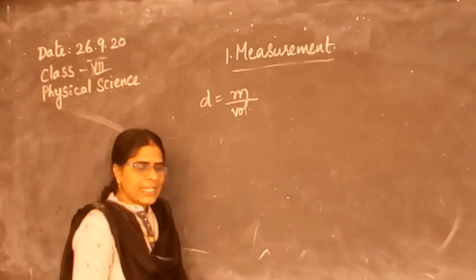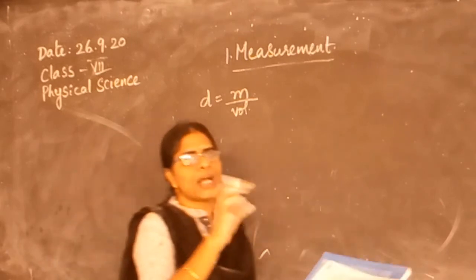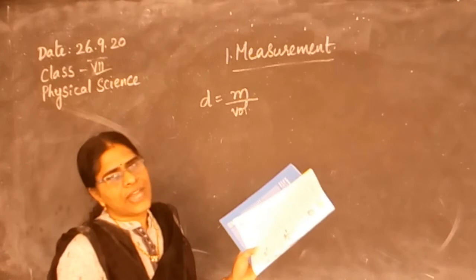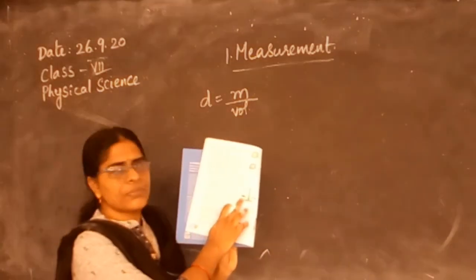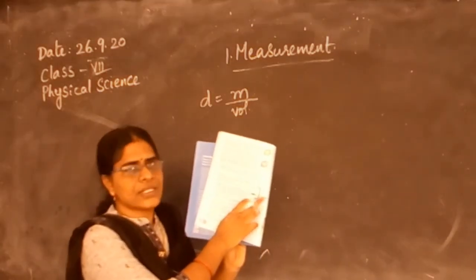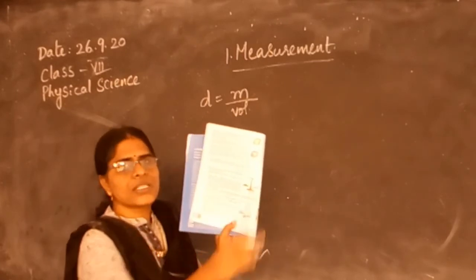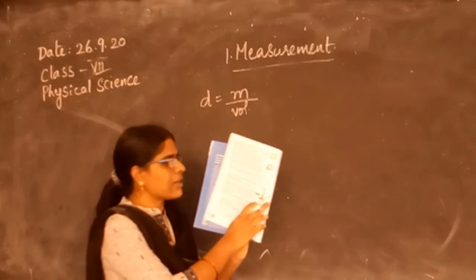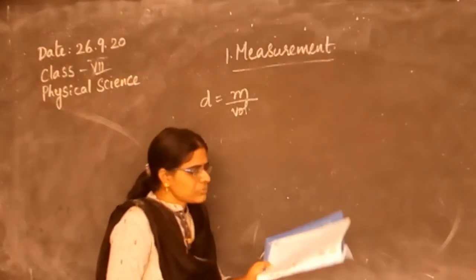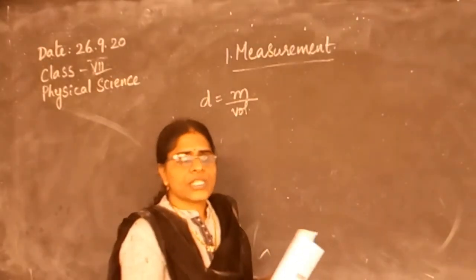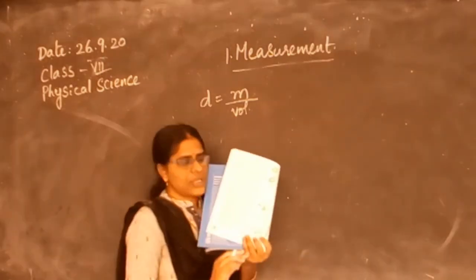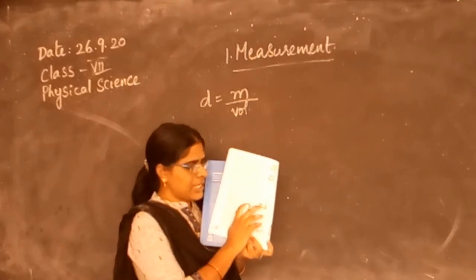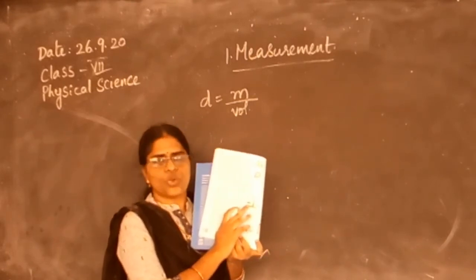Now, I have taken equal mass of stone and some sand. I have placed them in the two pans, one pan with stone and the other with sand.